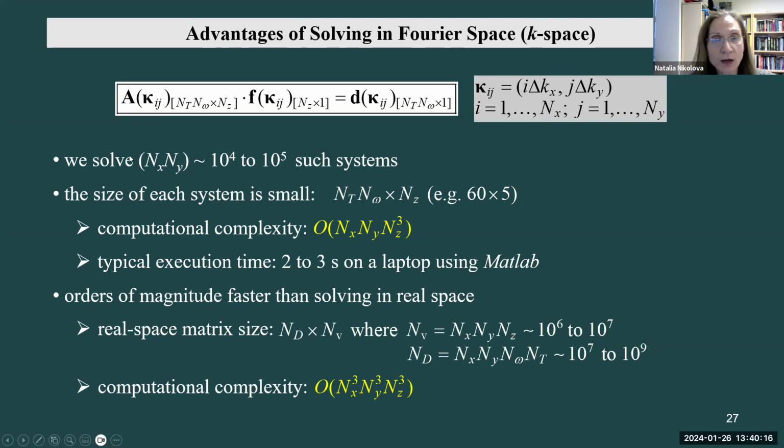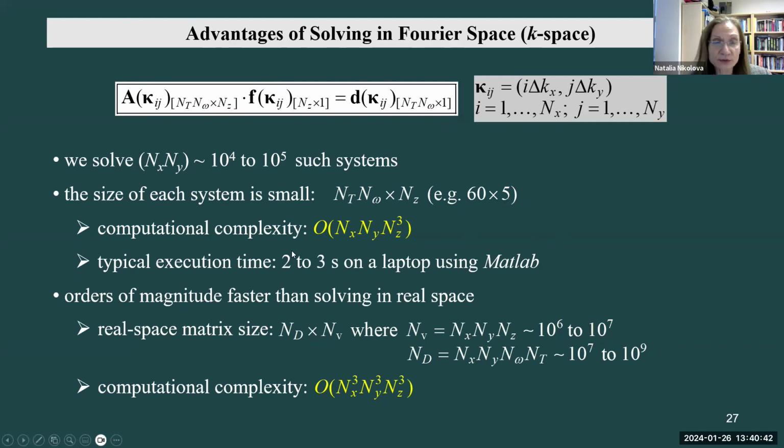And so we need to solve nx times ny systems of equations. And those are quite a few, typically 10,000 to 100,000. However, the systems of equations that we solve are small, with a typical size of the system matrix A on the order of 60 times 5.